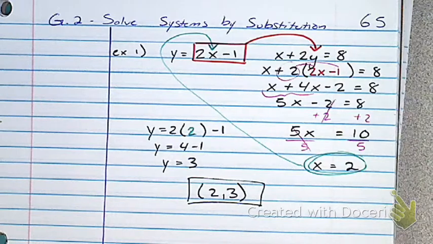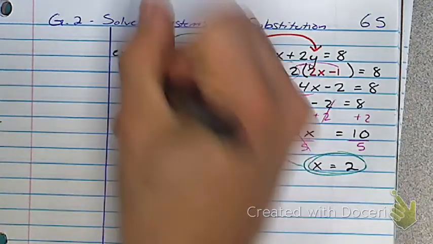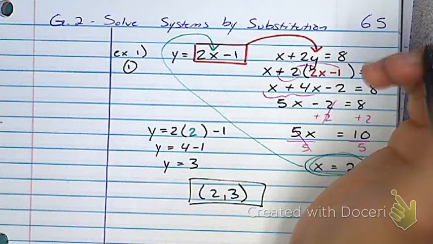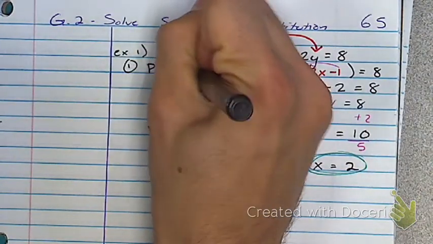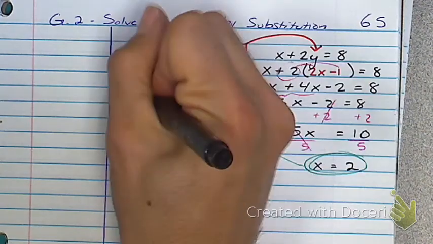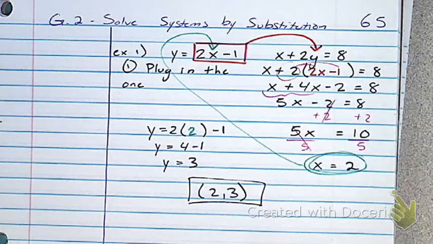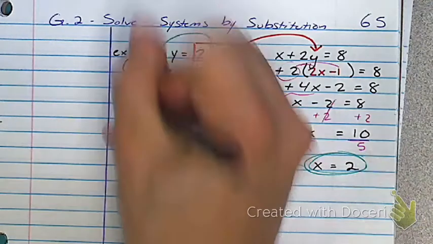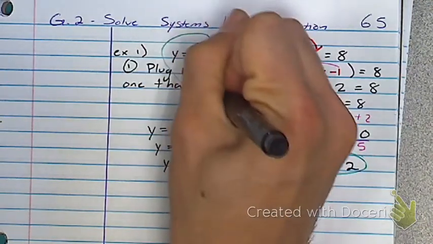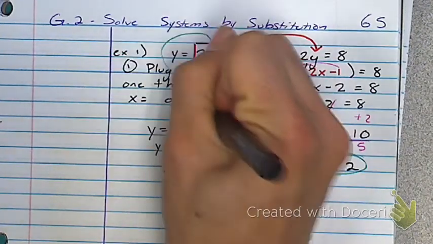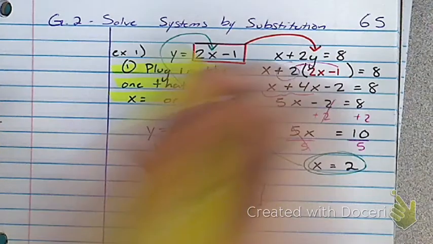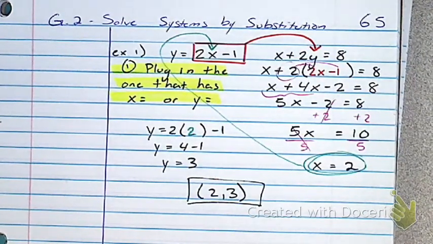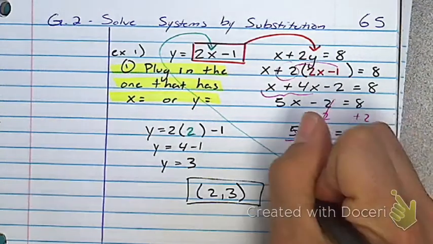Now let's go through the steps that we did. Step 1 was to plug in the 1 that has x equals or y equals. Step 2 will be way down here.